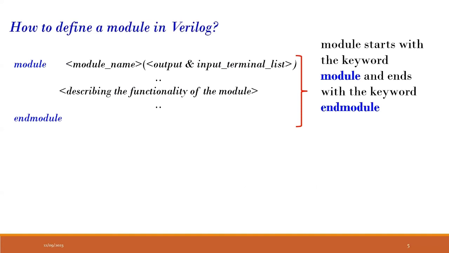So when you're writing Verilog, you have a module and its module name. The name should be something which is not a keyword. The module name should not clash with a keyword, otherwise your compiler will create an error. Then we will have a list of output and input terminals, like which is the output and which is the input, and then the functions you want to write will be present in the module.